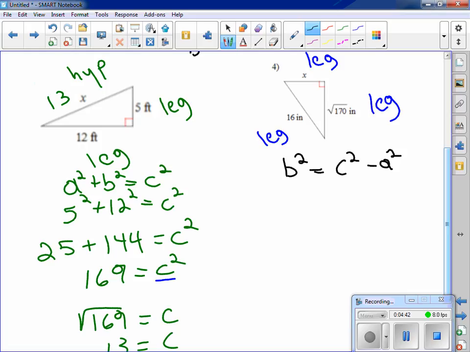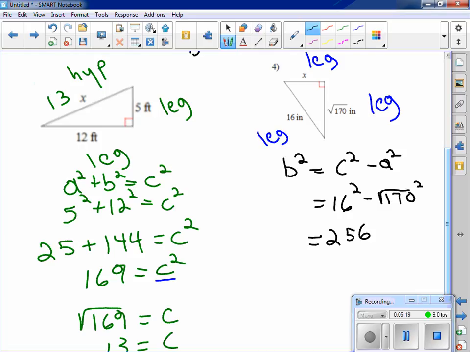So the first thing we're going to do, we'll take our hypotenuse and do 16 squared, and we'll have a squared. And that is that leg, the square root of 170 squared. So let's look. 16 squared is 256.